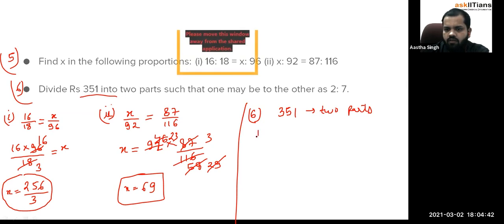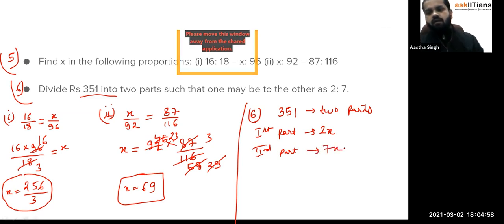So let the first part be, suppose, 2x. Then your second part will be 7x. Right? So we have divided 351 into two parts.